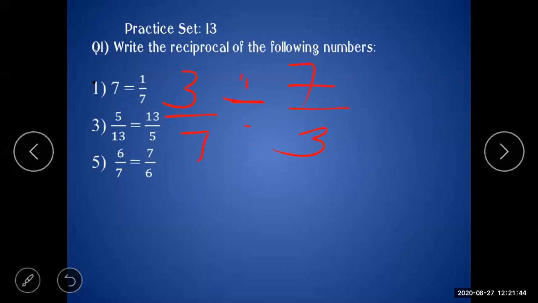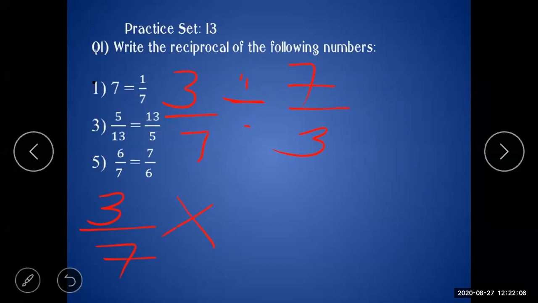See my question, 3 upon 7 divided by 7 upon 3. Now your first step will be the first number as it is, we will write 3 upon 7 as it is. The second step, division will convert into multiplication.